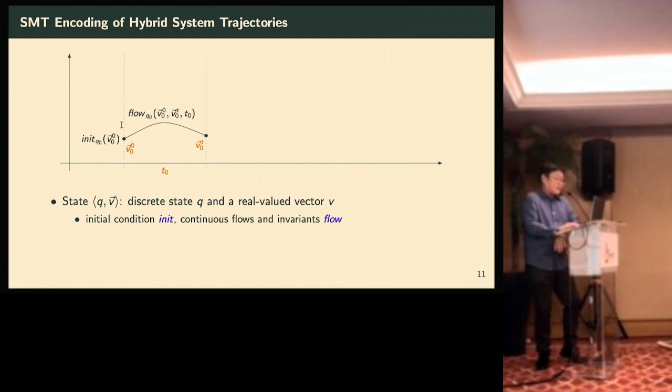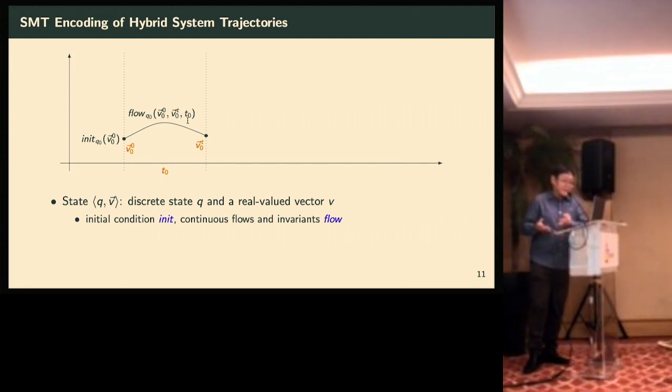The continuous change can be defined symbolically as an SMT formula, written as flow. That means given some initial value v0, for duration t, the resulting state will be vt. This can involve arbitrary continuous functions or solutions of ordinary differential equations and so on.